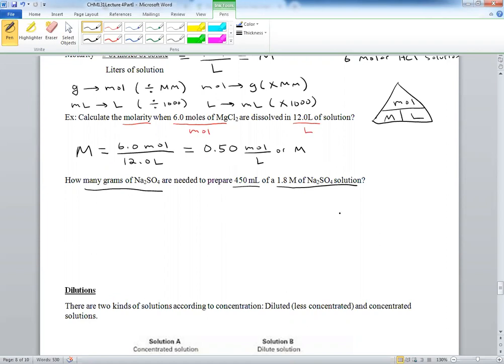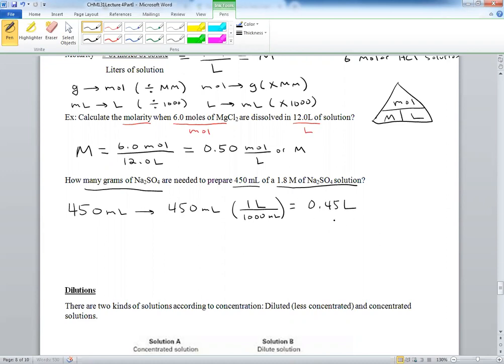So let's actually think about it. Number one, you see mils, go ahead and convert that to liters. I would do that. You either divide by 1,000. So I'm going to show you exactly. 1,000 mils is 1 liter. You can reverse it. It would be 1 mil is 10 to the negative third liters. That's really the same thing. So that would be 0.45 liters.